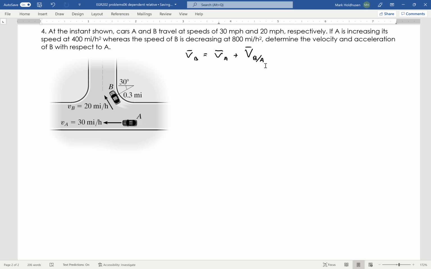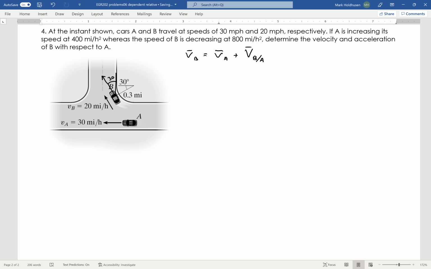So the velocity of B is this car right here, traveling in that direction. That means it's going to be a 30-degree angle because it's going around a corner, so it's perpendicular to that angle right there. Instead of the angle being relative to the horizontal, this will be relative to the vertical.